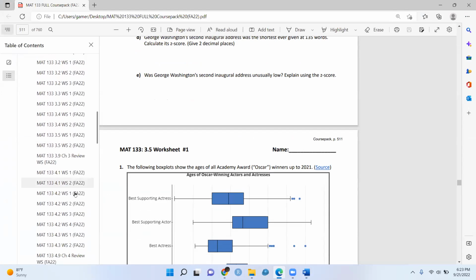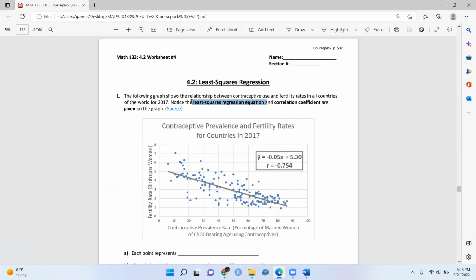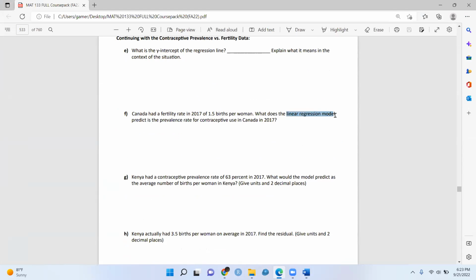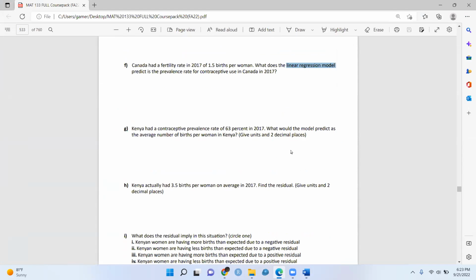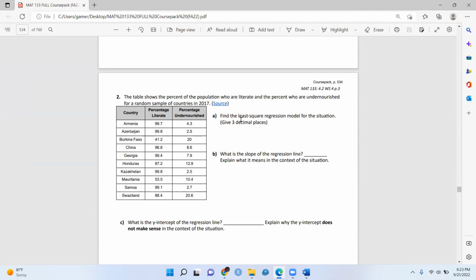They might call it line of best fit too. Here it's called the least squares regression equation. Here it's called the linear regression model. Here it's just called the model. Here it's got least squares regression model, regression line.